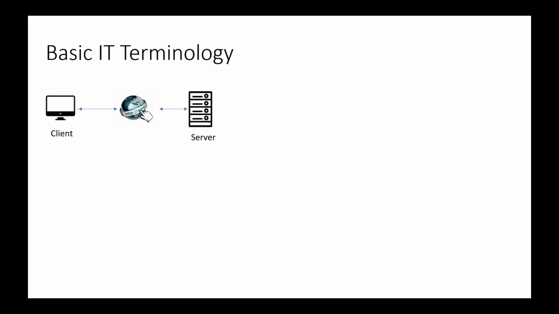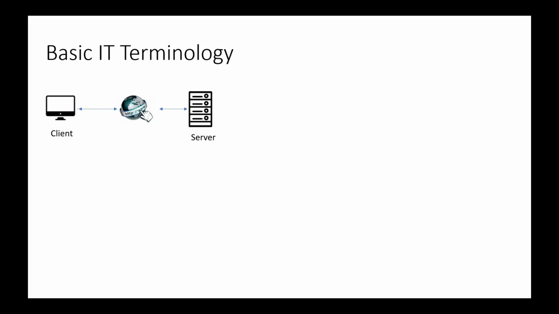And Facebook, Instagram, there are so many services that you use. So if you want to use Gmail, you type www.gmail.com in your client, and it sends a request through the internet. From the internet, it reaches the Gmail server, and that server responds back to you with your emails.